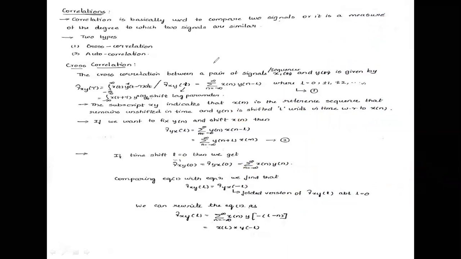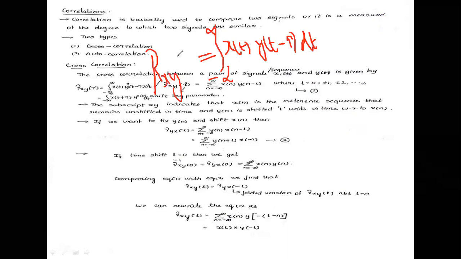So now the formula becomes the integral of x of t, y of t minus tau, with respect to the time dt from minus infinity to infinity, equal to the cross correlation R x y of tau.